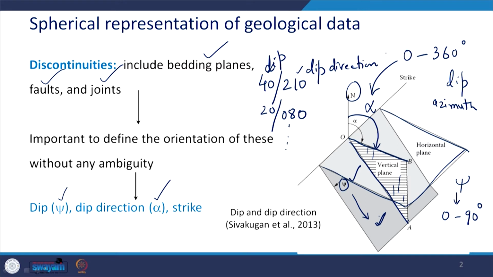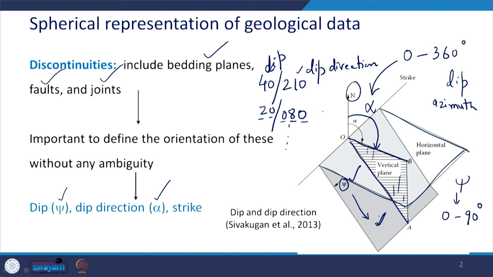The dip is always specified in 2 digits, and in order to differentiate, dip direction is denoted in 3 digits. So, even if it is, let us say, 80 degrees, we will add a 0 before that and write 0 8 0. This is how the representation is going to be. This is what we are going to follow.